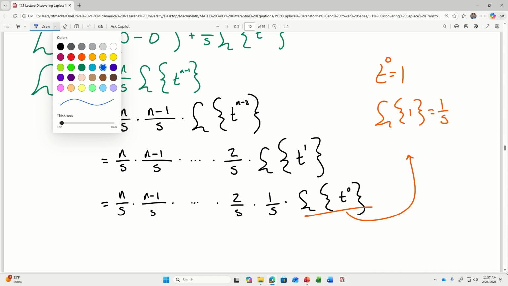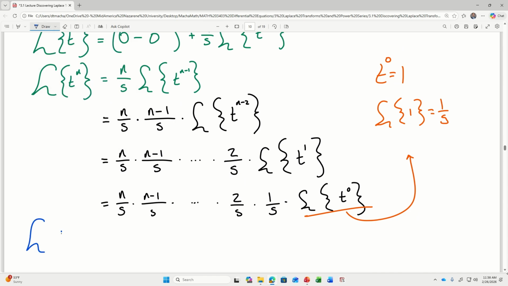And what I'm going to try to convince you of is the Laplace transform of t to the n power is n factorial divided by s raised to the power n plus 1. We get n factorial because that's n times n minus 1 times n minus 2 all the way down to times 3 times 2 times 1.